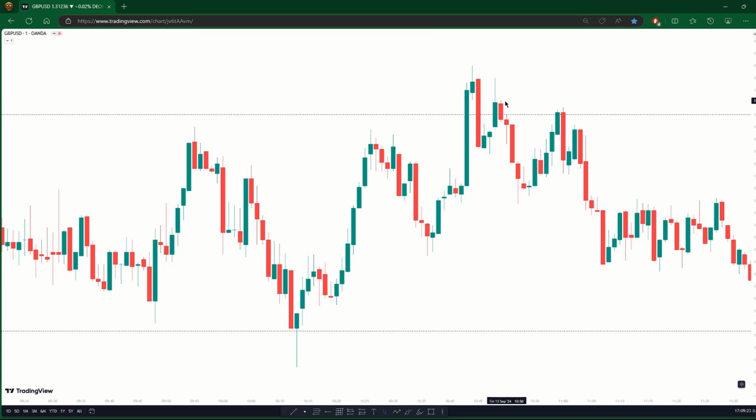It hasn't made that market structure shift, but if you just follow your rules and the setups that I've already given you on the first page, here you can take a risk. Right here you have a balanced price range.